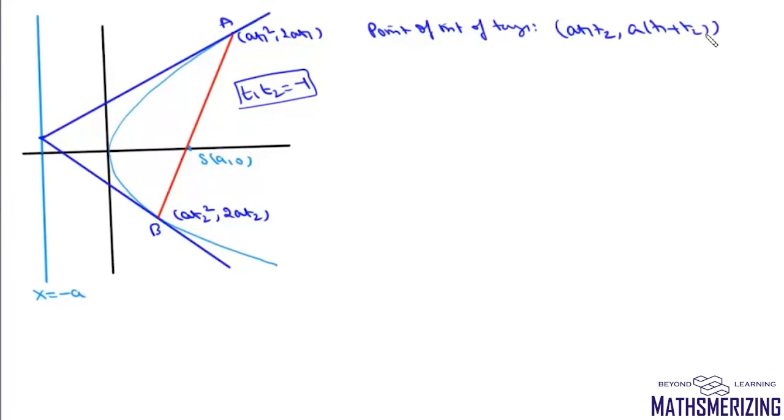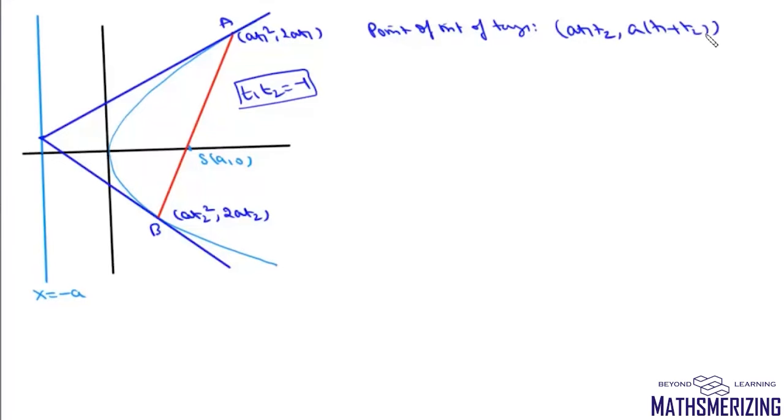Now we can write the length of this chord. The length of this chord of contact will be a, and then the square root of s1 upon a, and then the square root of (t1 + t2)² plus 4. (t1 + t2)² will be y1² upon a², and then plus 4.